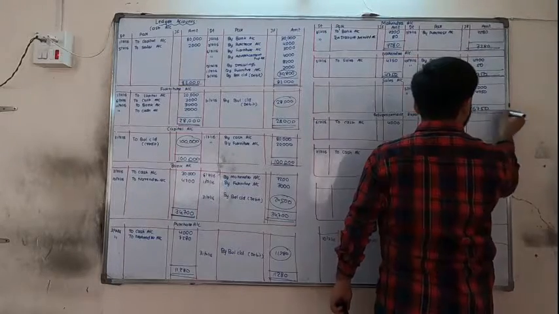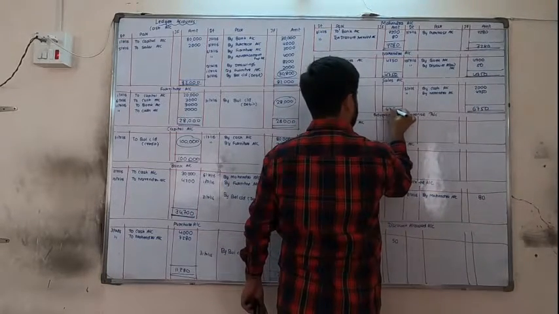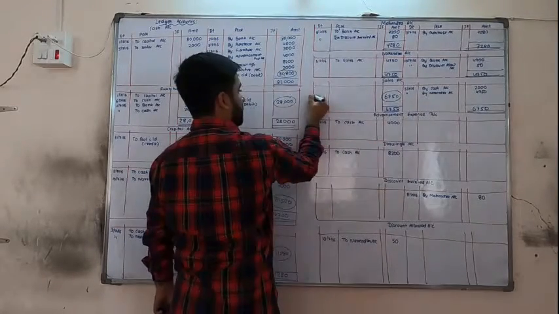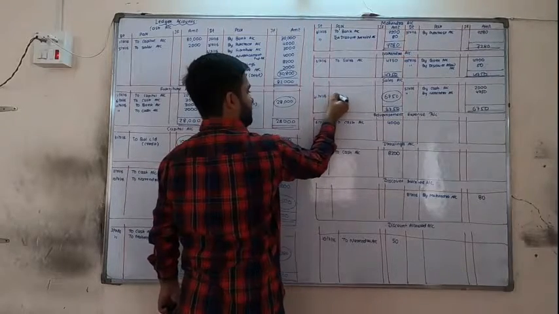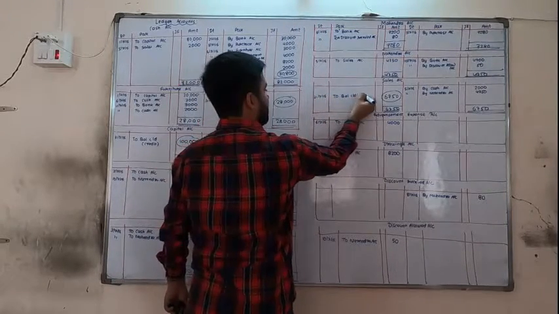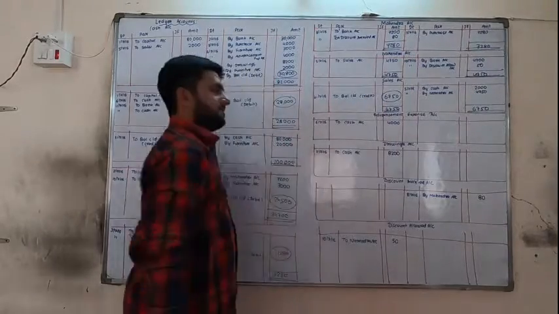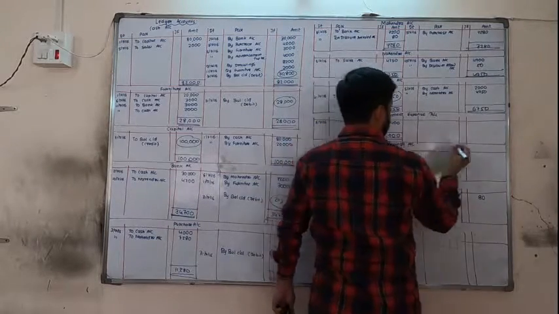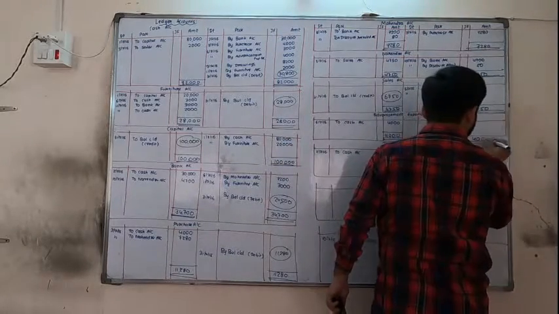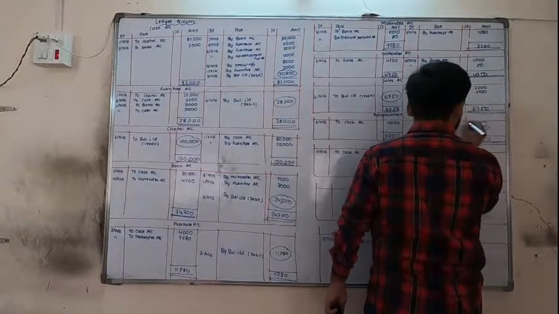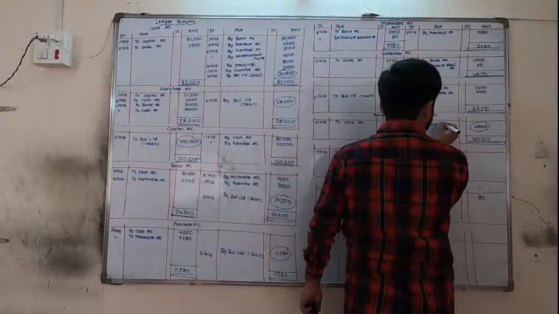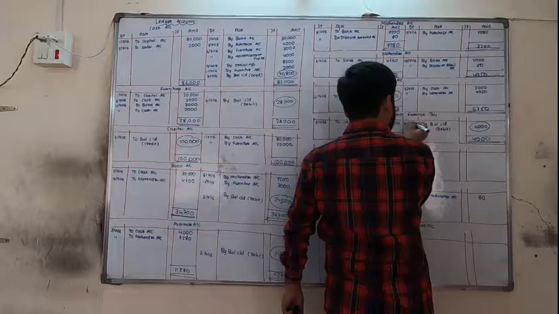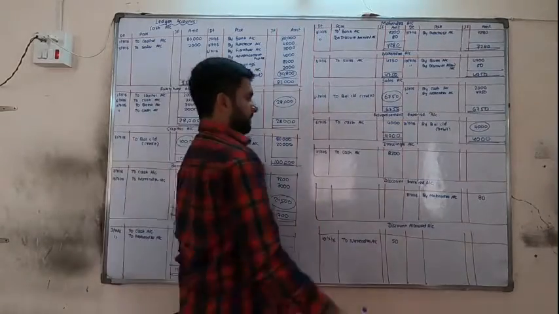Okay, now for sales. Credit side is more. 31,716 to balance carried down, credit balance. 4,000. Balance is 4,000. Okay, next drawings.